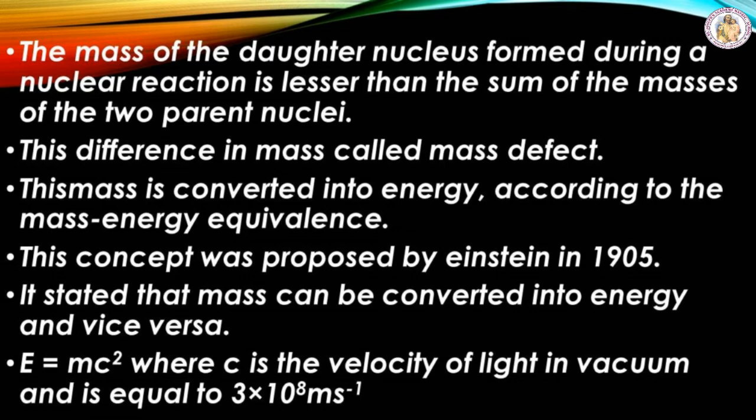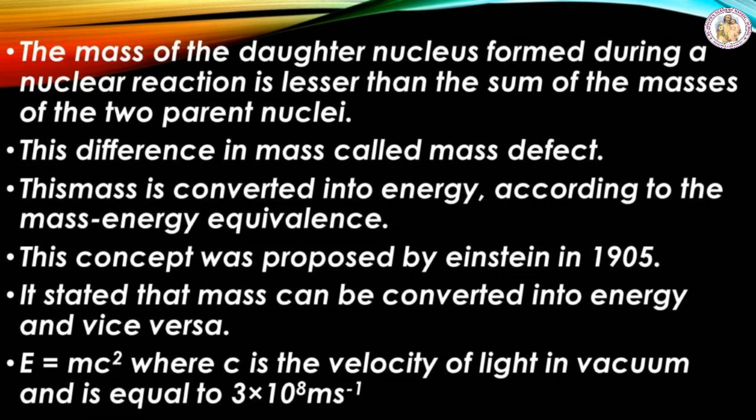This difference in mass is called mass defect. This mass is converted into energy according to mass-energy equivalence. This concept was proposed by Einstein in 1905. It states that mass can be converted into energy and vice versa, that is, energy to mass, mass to energy.